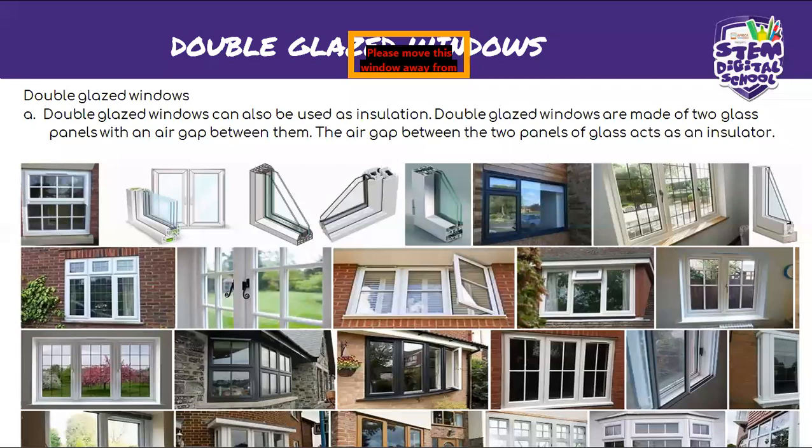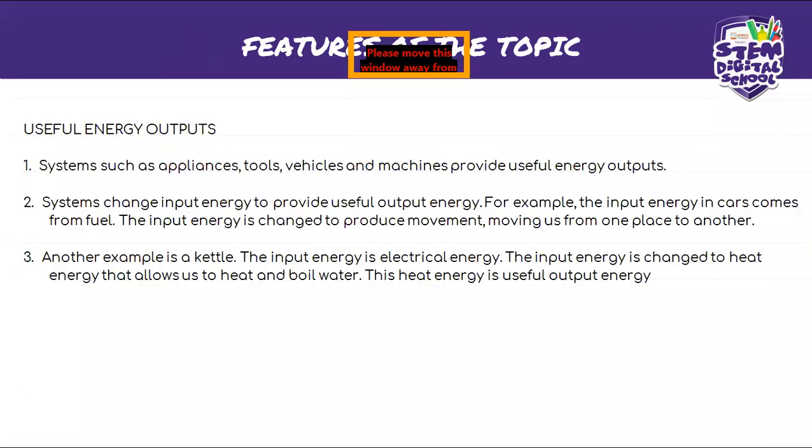That's very good. Now, you remember we looked at energy systems. We were looking at useful energy and wasteful energy. These energy systems that we learned, we need to remember them in the things we are doing now.